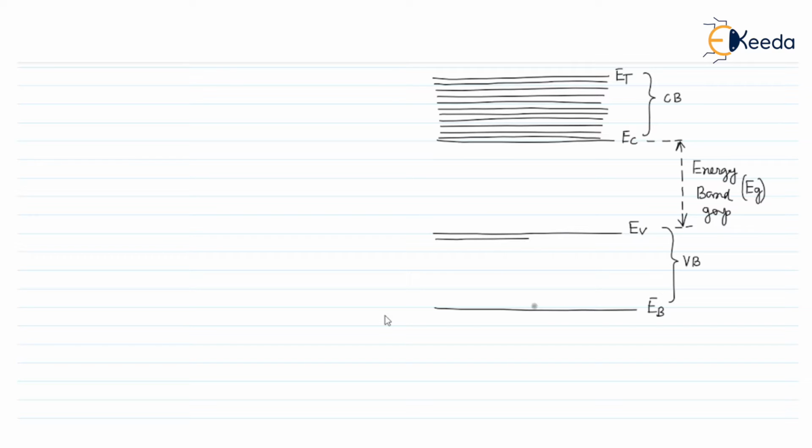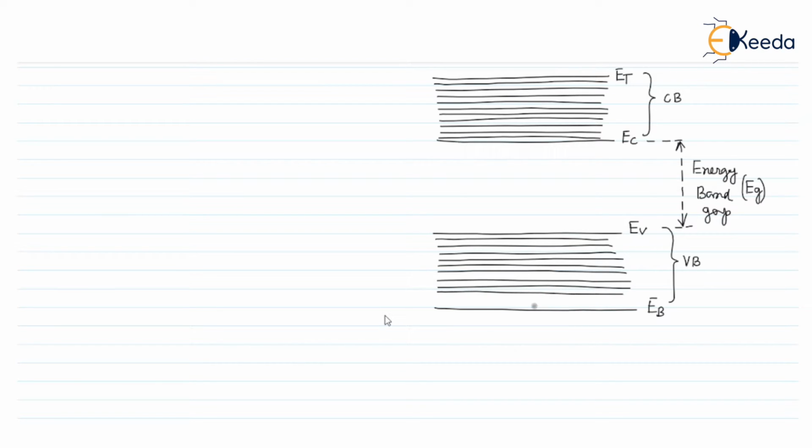Let us draw the discrete energy levels like this. These are the discrete energy levels of the valence band where the electrons or the holes can reside. Likewise in the conduction band.